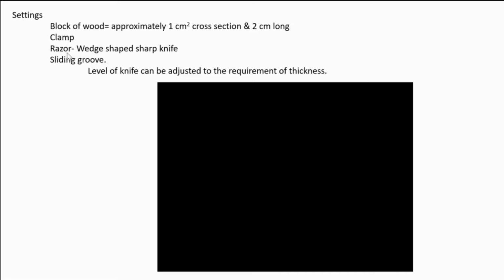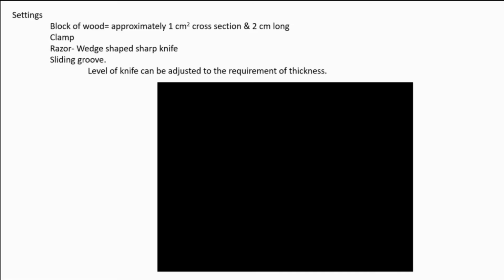Then a razor. The cutting knife is called the razor, a wedge-shaped sharp knife for cutting the block of wood. Then a groove is present, and over that groove the razor is placed, and the level of the knife is adjustable.